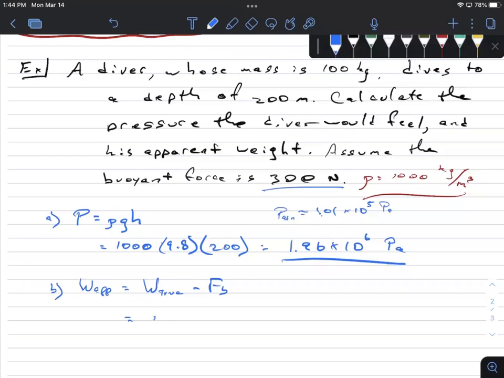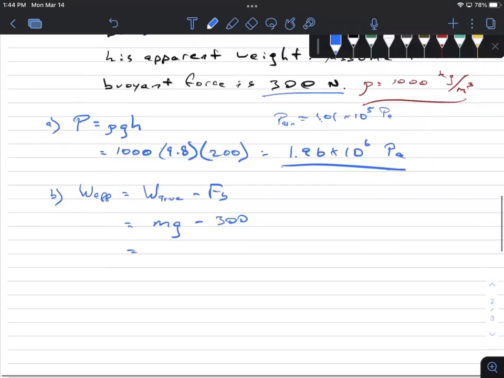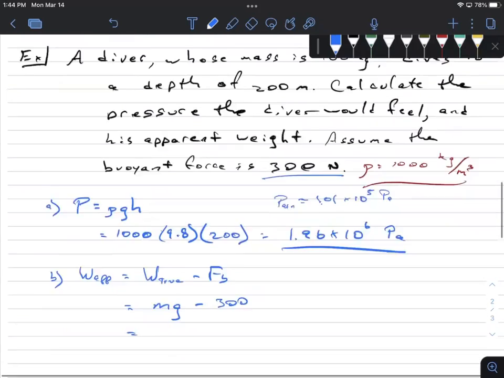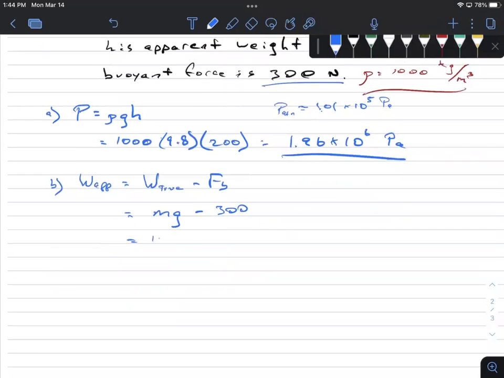True weight, of course, is m times g. And the buoyant force, we're told, is 300 here. M times g, we're told the diver has a mass of 100. So it's 100 times 9.8 minus 300. So 980 minus 300 is 680 newtons.